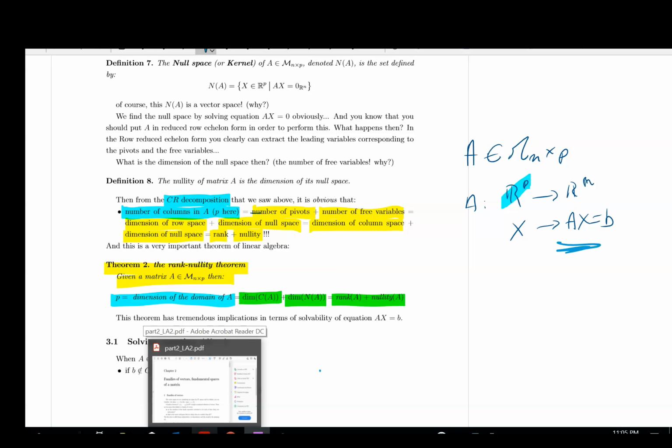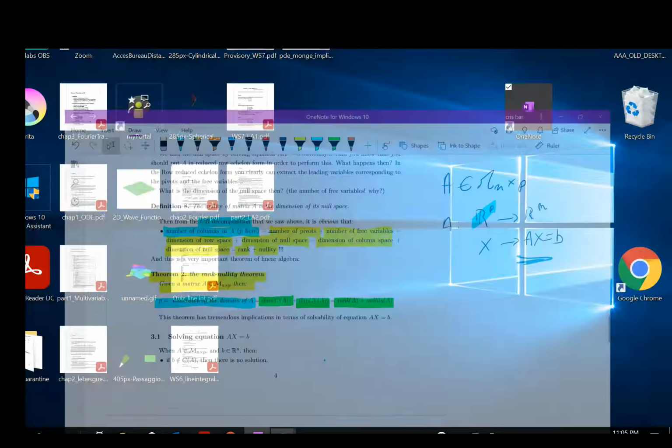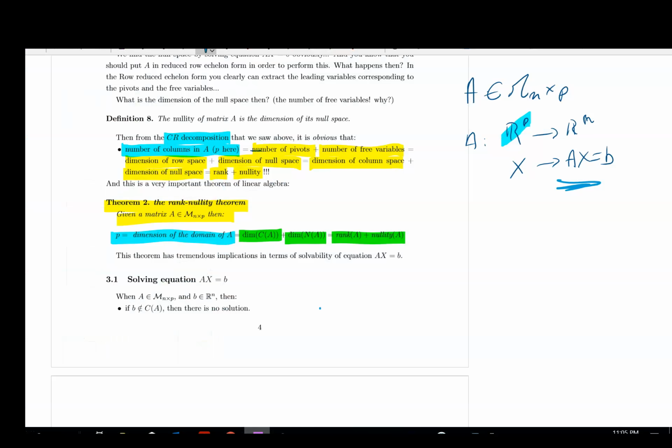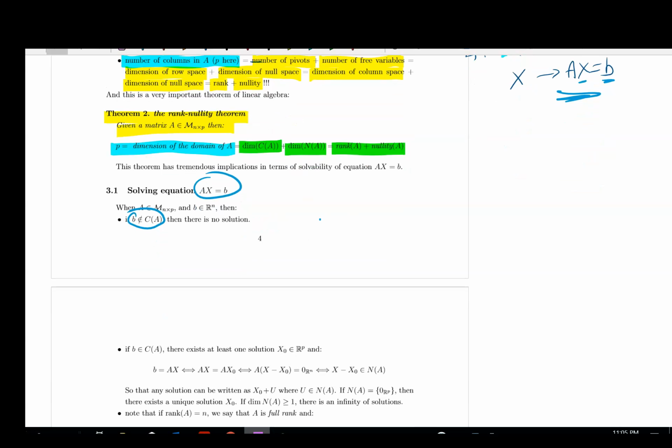So, solving equations Ax equal to b, how can we reinterpret that with the new knowledge that we've acquired? Given b in Rn, obviously x should belong to Rp. Is that solvable? First of all, if b is not in your column space, then you have no solutions. That's pretty obvious.